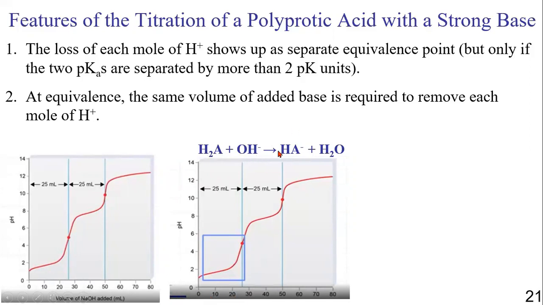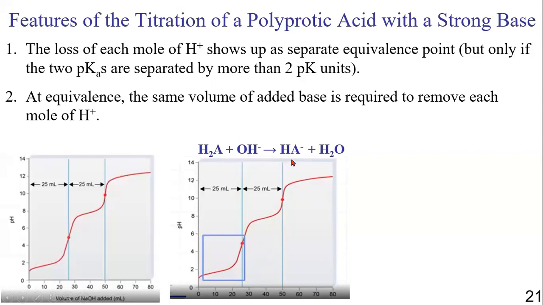The H₂A is becoming HA minus and water. So here I start off with H₂A only, and I'm adding OH minus such that, as my OH minus is the limiting reagent before the equivalence point, I'm producing some HA minus as the reaction is proceeding.